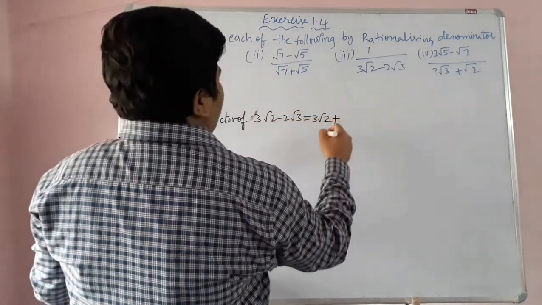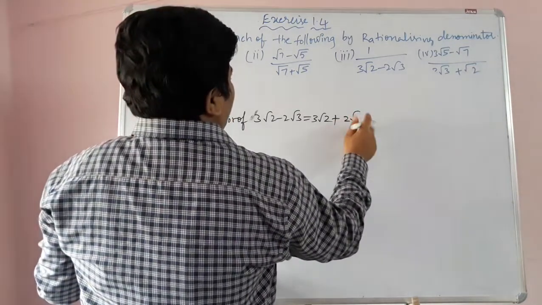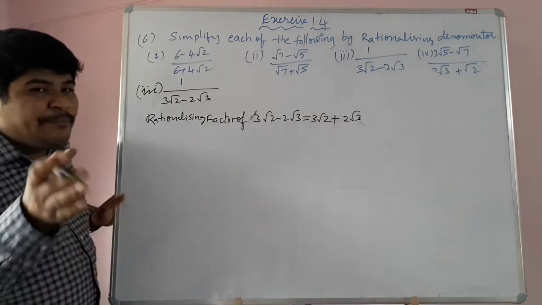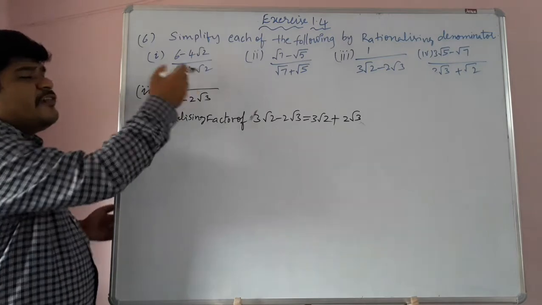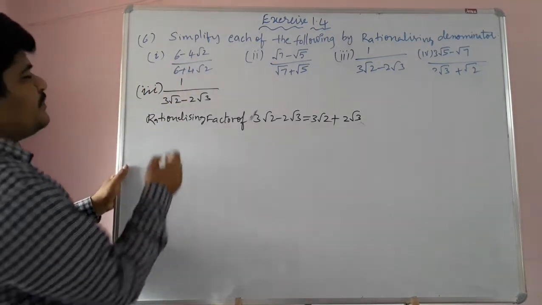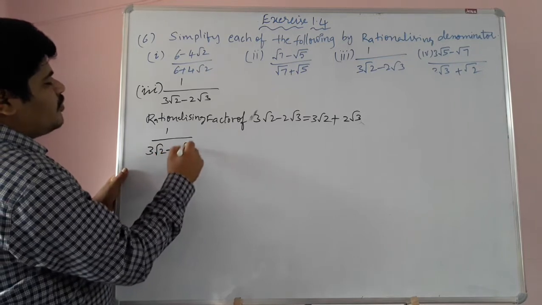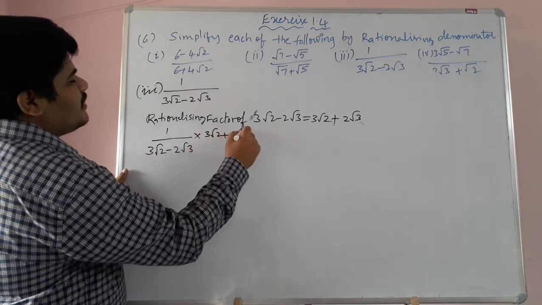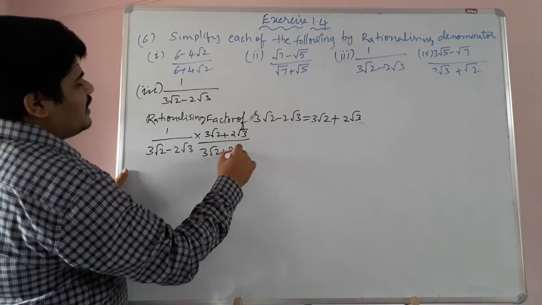Here we will take plus 2 root 3. Okay. Now with 3 root 2 plus 2 root 3 by 3 root 2 plus 2 root 3, we will multiply the given fraction or given expression. So 1 by 3 root 2 minus 2 root 3 into 3 root 2 plus 2 root 3 by 3 root 2 plus 2 root 3.